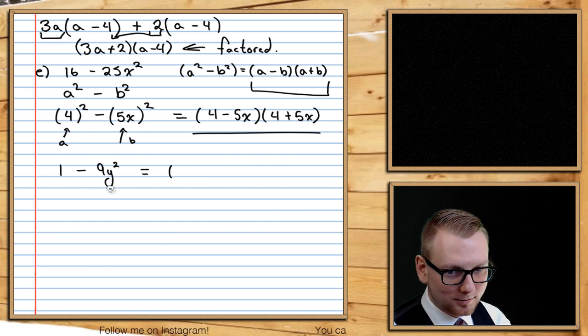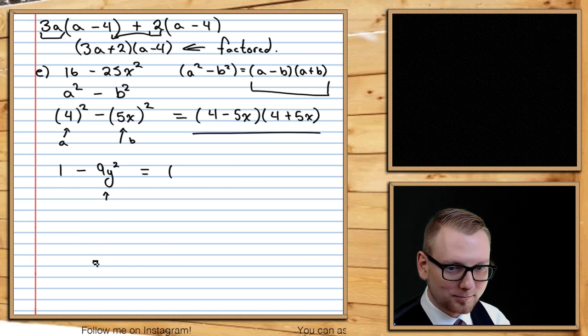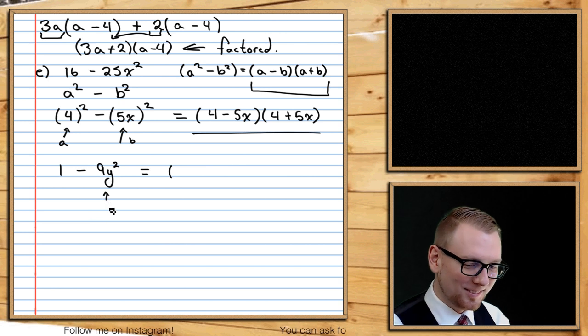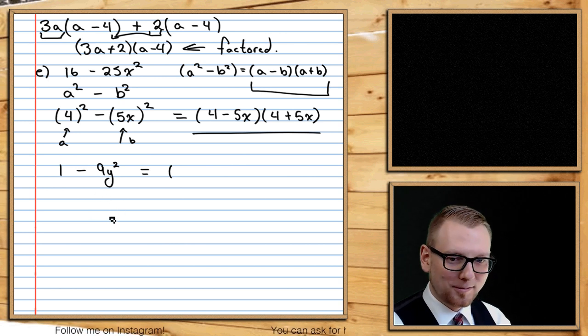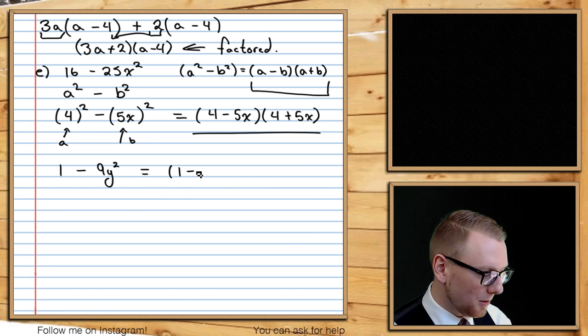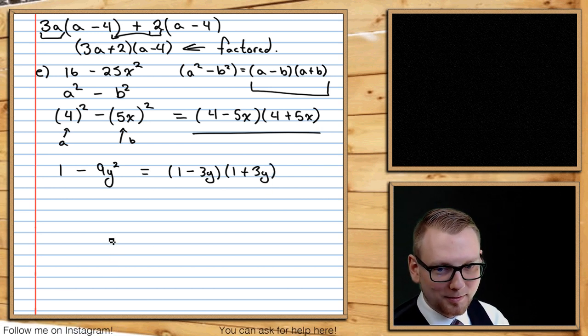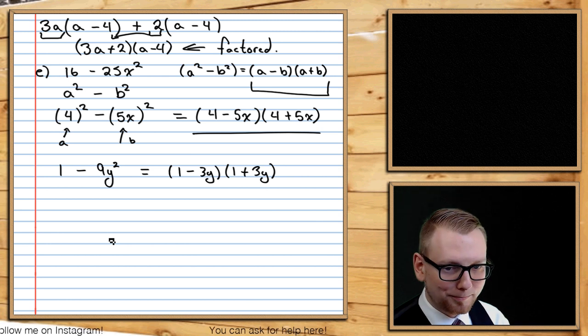Well, you can't forget the y. So write it again. So like you said, you had 1 minus 3y and 1 plus 3y. Okay. Good.